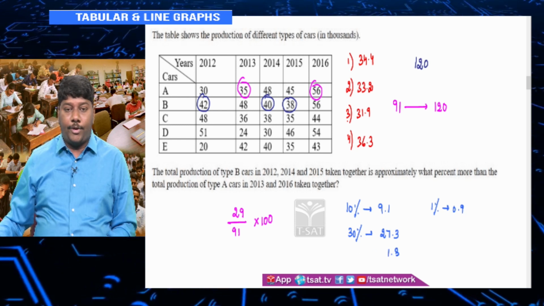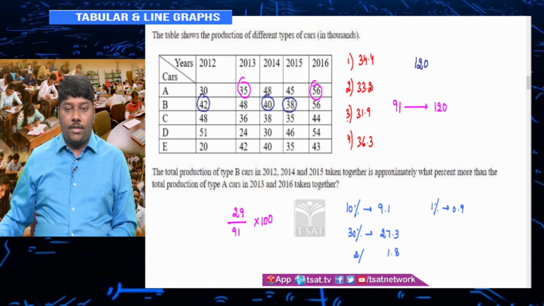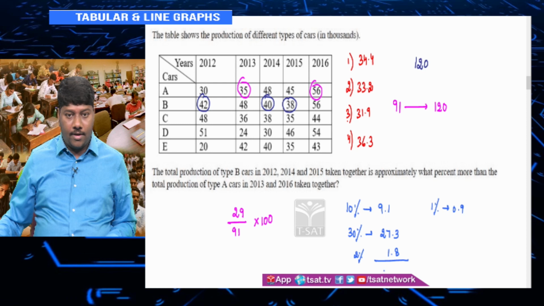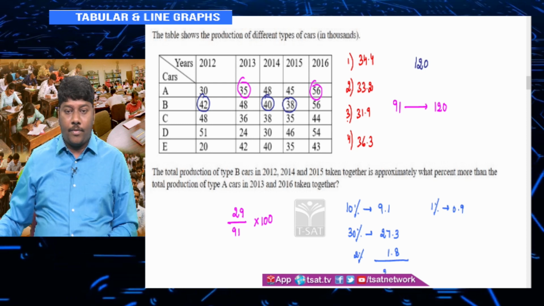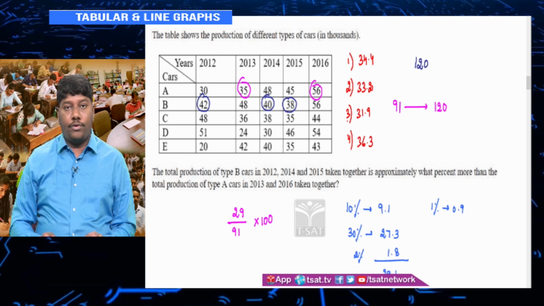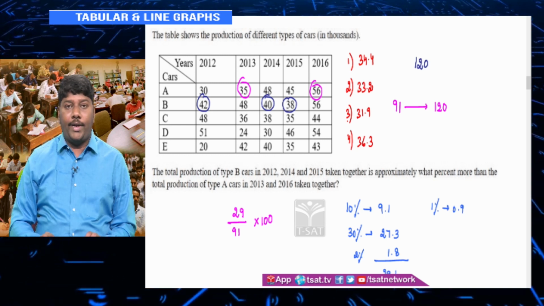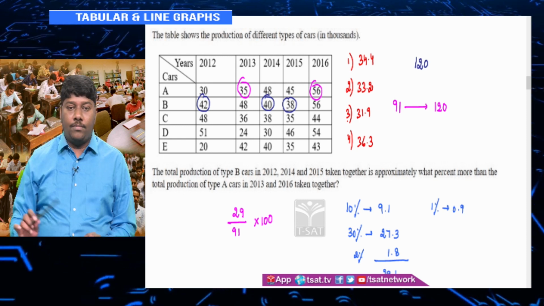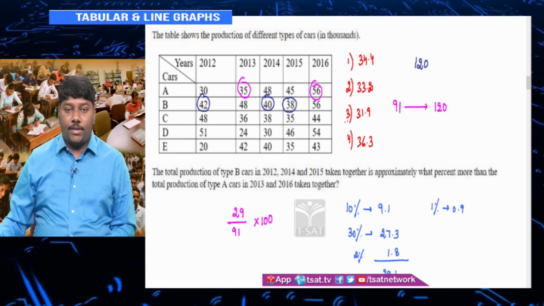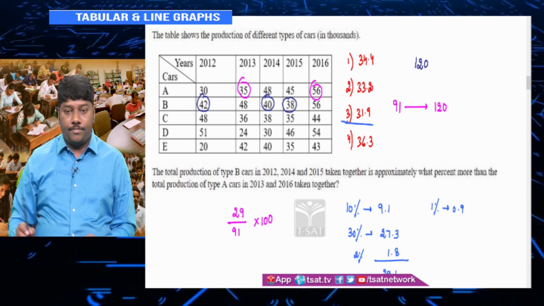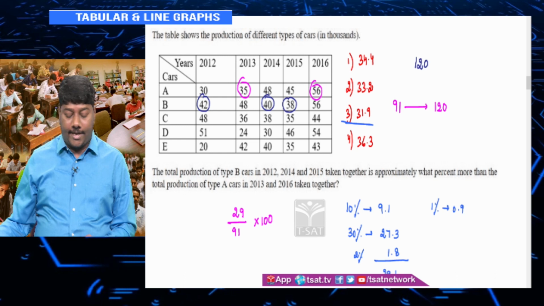If you add 1.8, you are getting how much? 29.1. So therefore, I would say 32% gives you 29.1, but I just need 29. Therefore, it is little lesser than 32. So the answer is your third option. It is little lesser than 32%. So by approximation, you can say that.